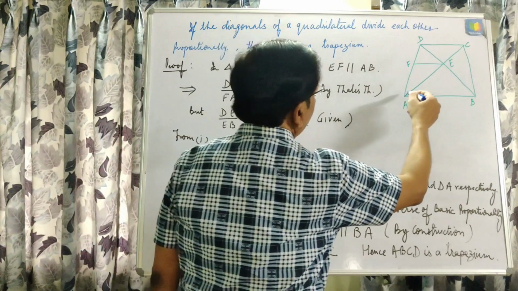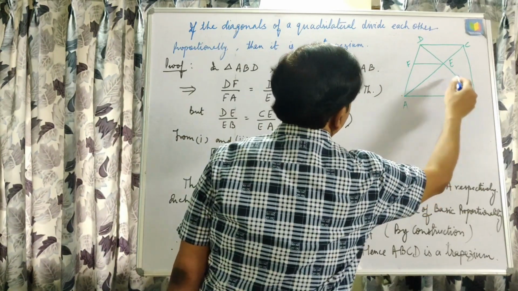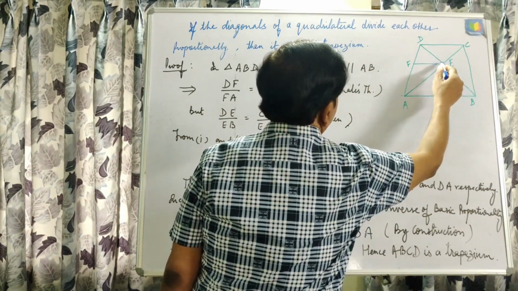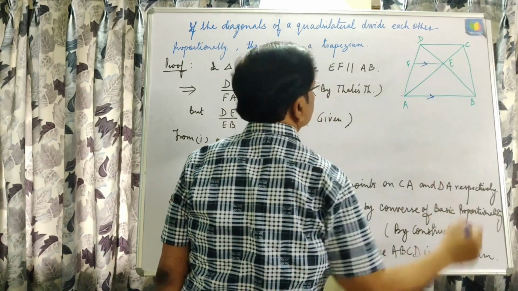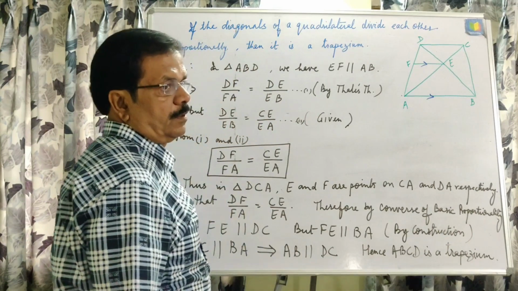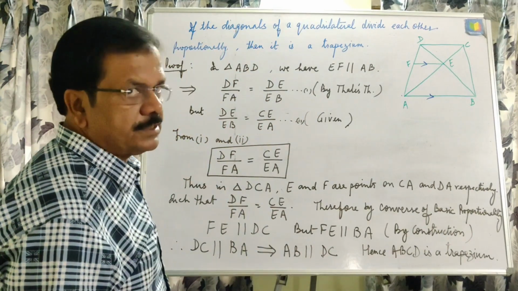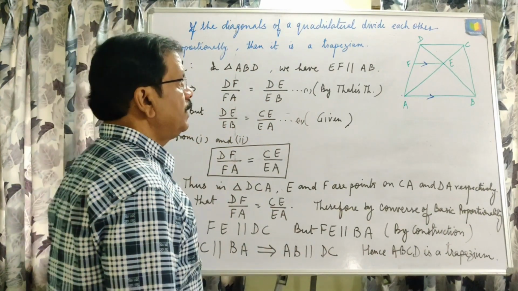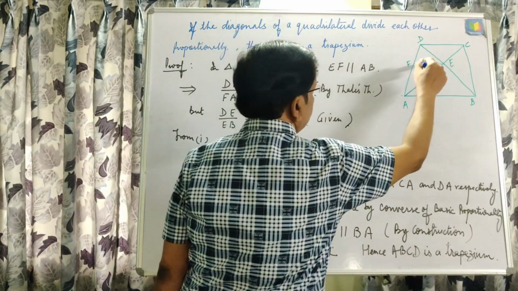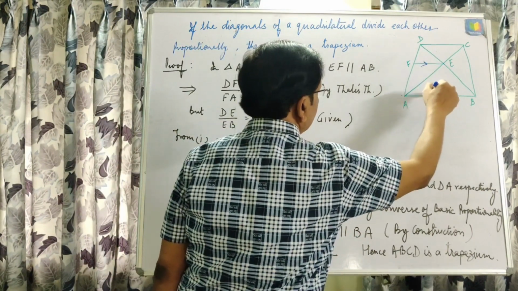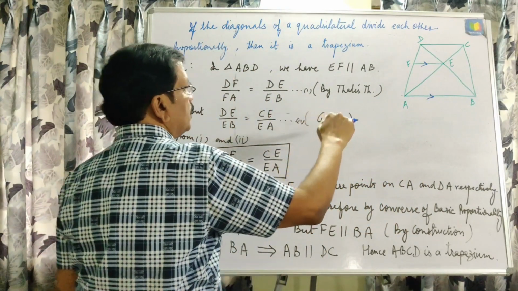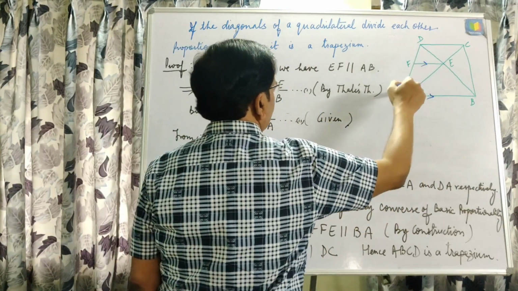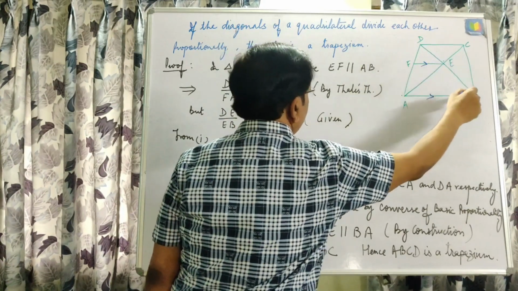Now from this triangle ABD, from E, draw a line which is parallel to AB. Because this is quadrilateral only, and we can take this triangle. In this triangle, draw a line in such a way that this is parallel. So we can use Thales theorem, that is DF upon FA is equal to DE upon EB.